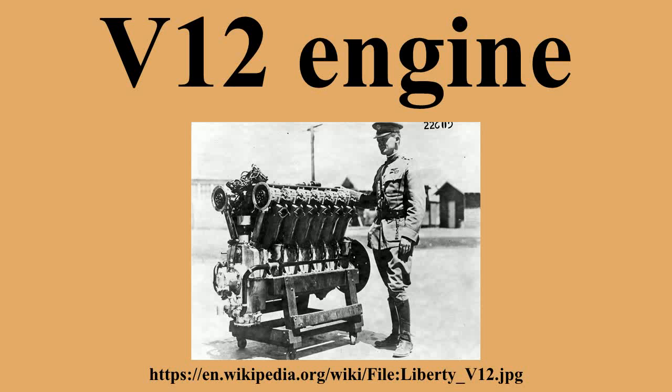BMW returned to V12 designs for its 7 Series sedan in model year 1986, forcing Mercedes-Benz to follow suit in 1991. While BMW sells far fewer V12 engine 7 Series vehicles than V8 versions, the V12 is marketed in the US, China, and Russia.